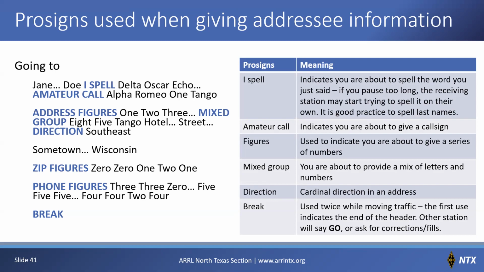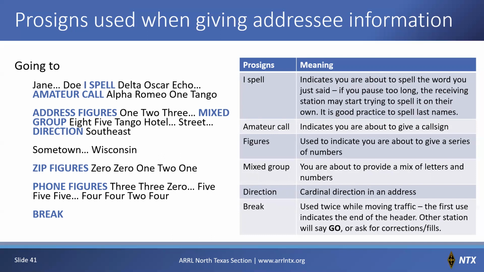This lets the other station on the receiving end know that here's your window to ask questions. Please spell Doe. Please say again word after street. So you can get those fills, is what we call them. I have some missing information I need to fill in.